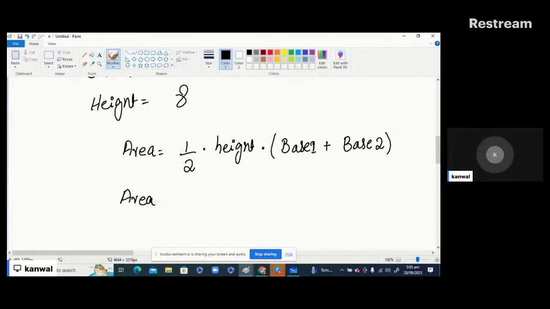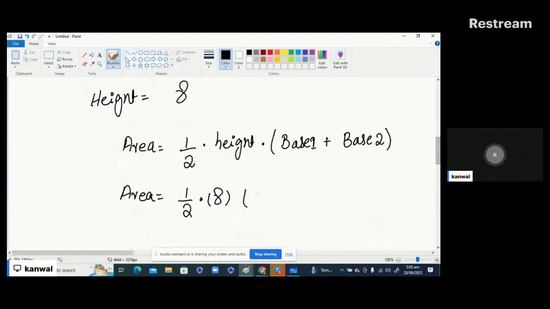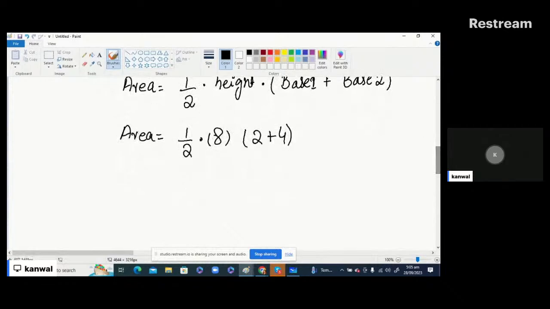So area equals half, height is 8, and base 1 and base 2 are 2 and 4, so 2 plus 4. Area equals half times 8 times 6, since 4 plus 2 is 6.